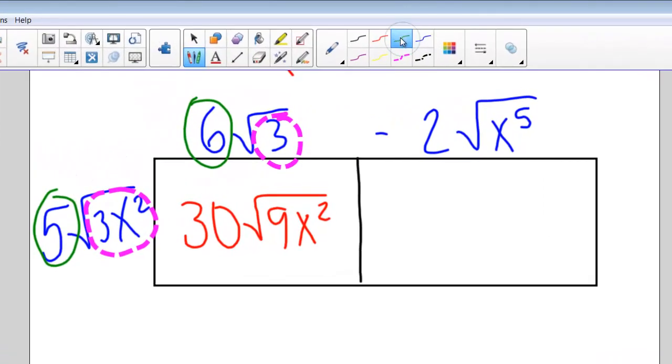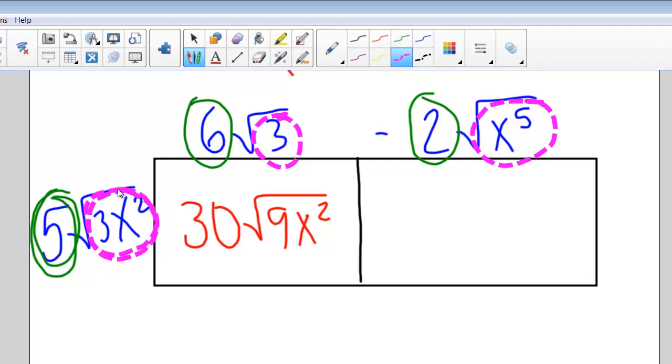And this second one, same thing. We have my outside number and my outside 5, as well as my inside x to the 5th and my inside 3x squared. So I know that negative 2 and 5 must be multiplied together to get negative 10.